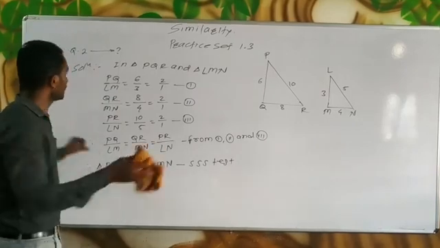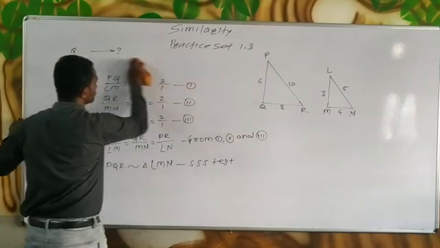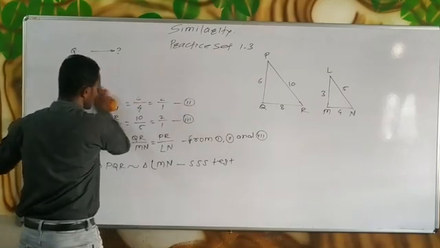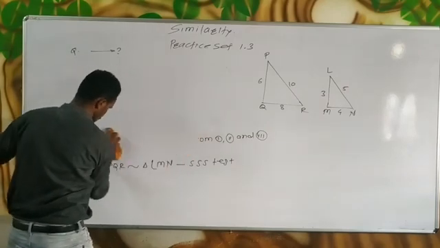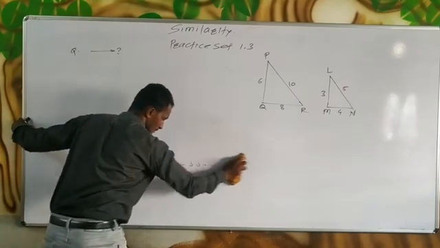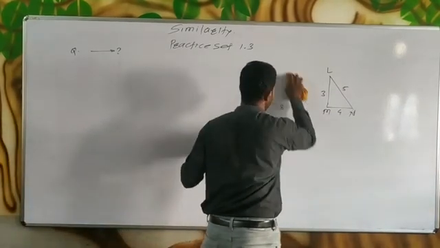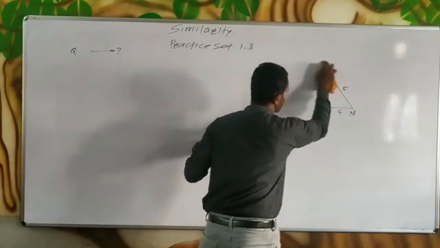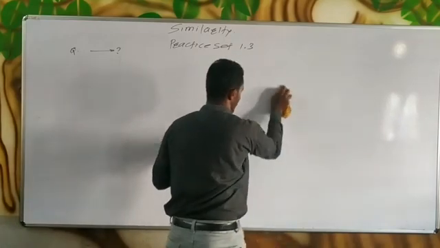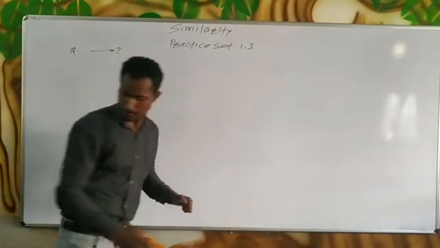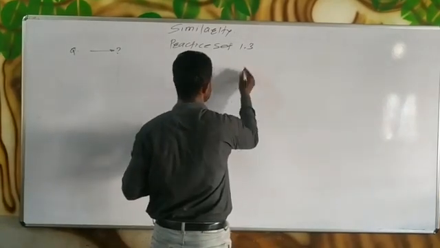So, the next problem, number third. Now we have to solve problem number 3. Again we have to draw the figure. Here we have again two different triangles.